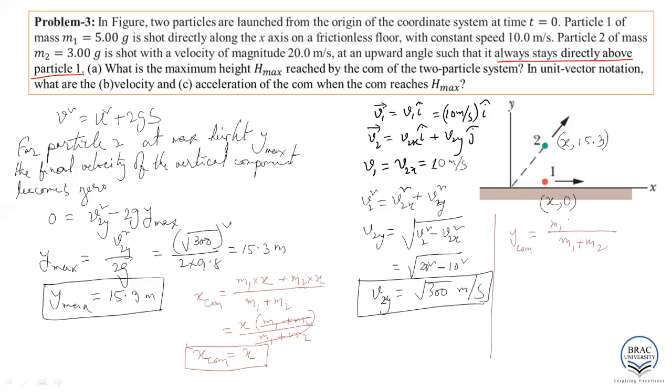M1 its Y coordinate is 0, M2 its Y coordinate is 15.3. Now the thing is, what is M1 plus M2? M1 is 5 gram and M2 is 3 gram, and here M2 is 3 into 15.3.